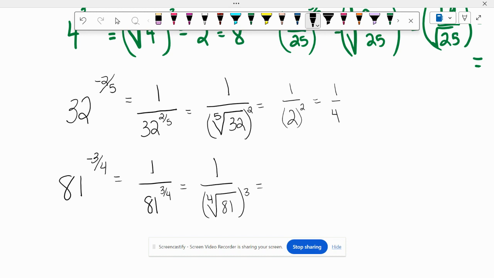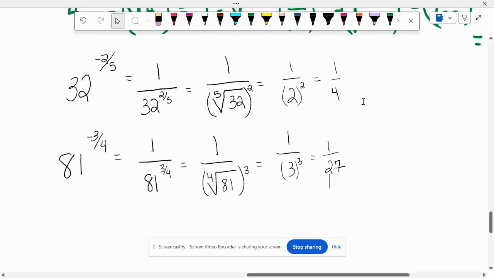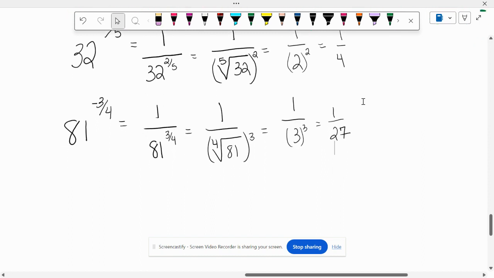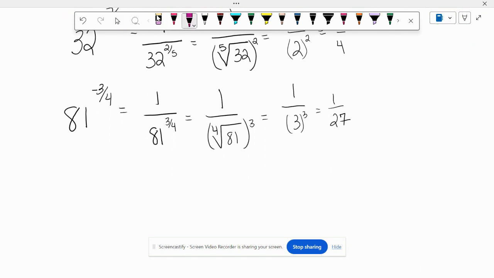Well, the 4th root of 81 is, so if you press 4, and then math 5, and type in the number 81. It's 3. So this is 1 over 3 cubed, which is 1 over 27. 1/27. Yes, 1/27. The last set of examples say to simplify.